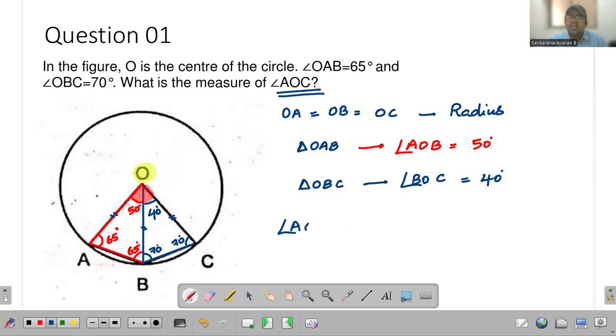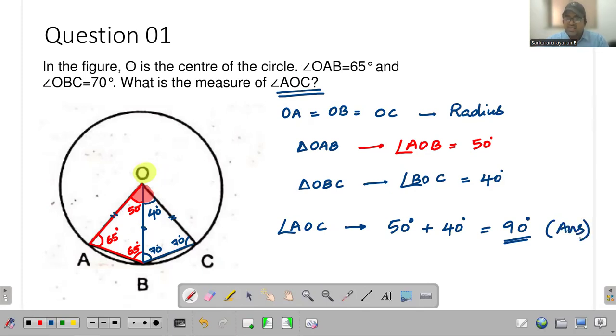What is this angle AOC then? Can I not say that that is equal to this 50 degrees plus this 40 degrees? Because this full angle, when you are going to measure it, will be 50 plus 40. The total, you can say, will come as 90 degrees. Okay. So that is going to be the answer for my first question here.